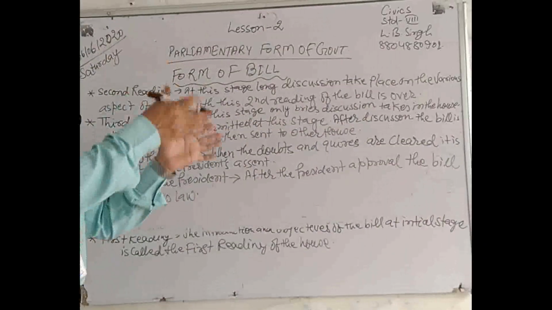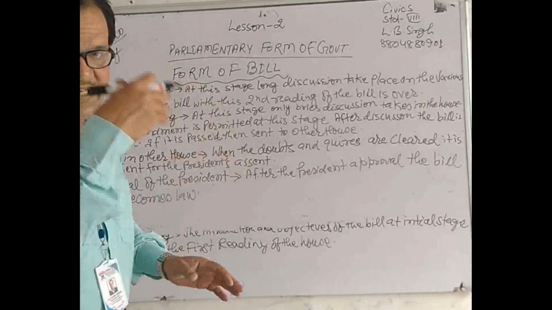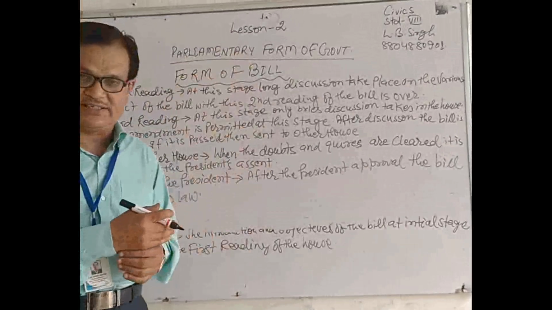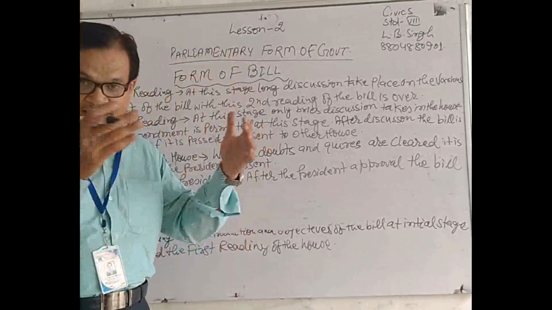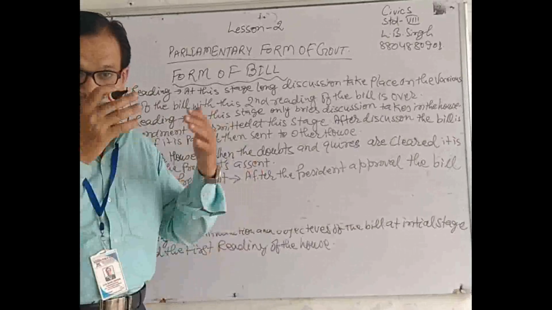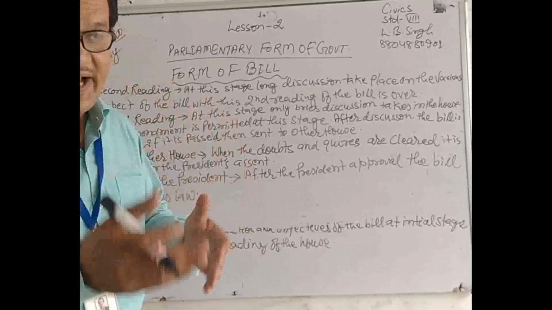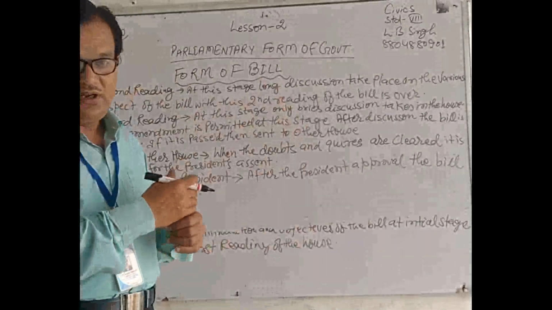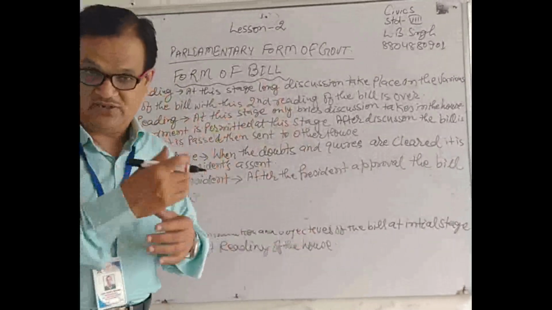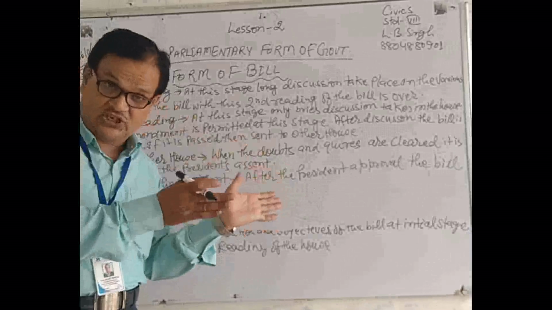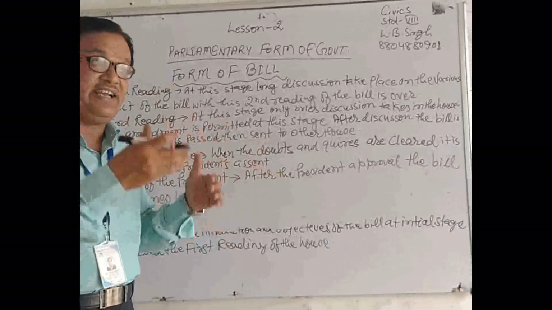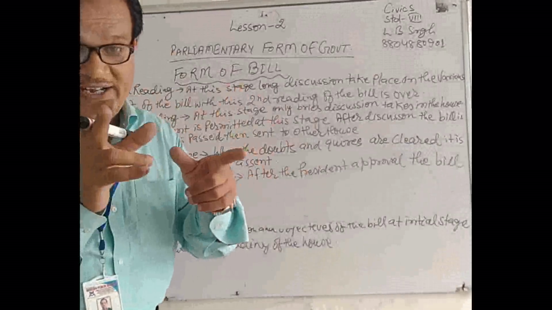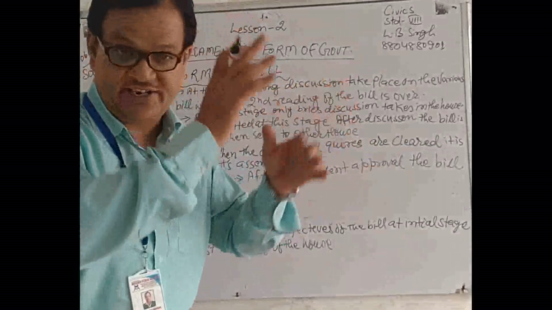If that bill is passed from the Rajya Sabha and sent to the Lok Sabha, then the Rajya Sabha cannot amend anything in the bill. They can give suggestions to the other members for any amendment, not amend, and they can hold the bill only for 14 days, not more than 14 days.